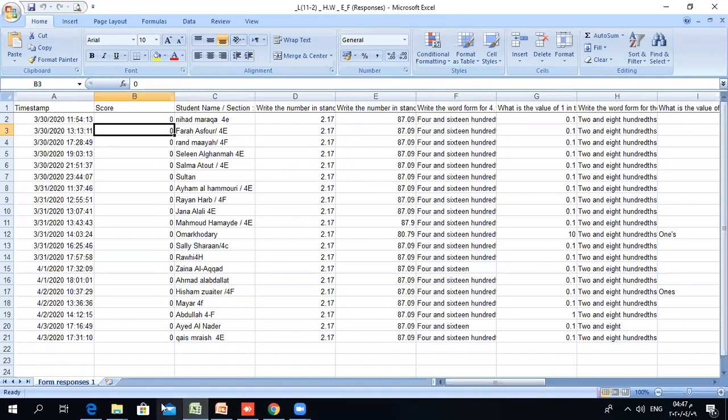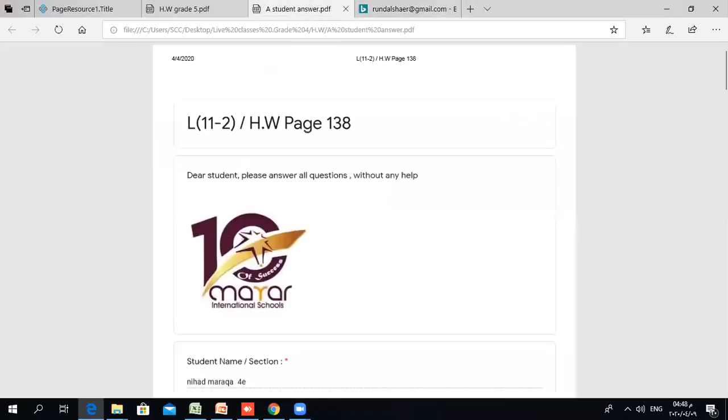It's all about the homework. I want you to do the online homework. Don't solve the homework using the book and photo it for me. I want you to solve it online so I can get your names and your answers. For example, this is an answer of a grade 4.